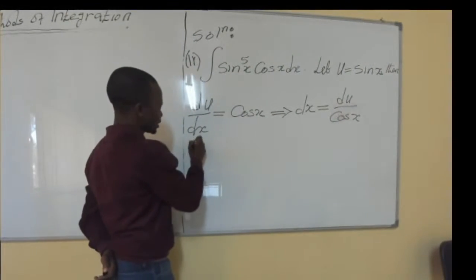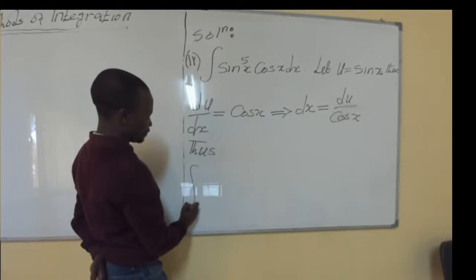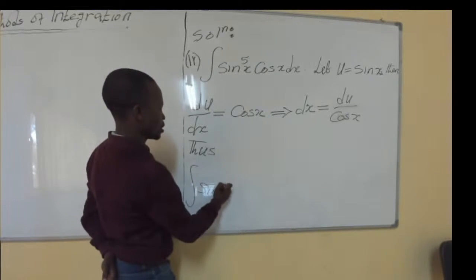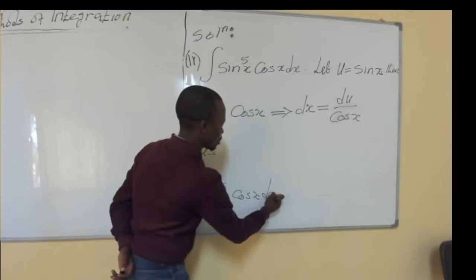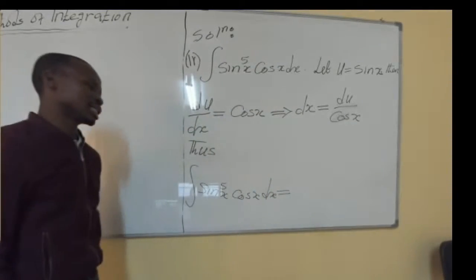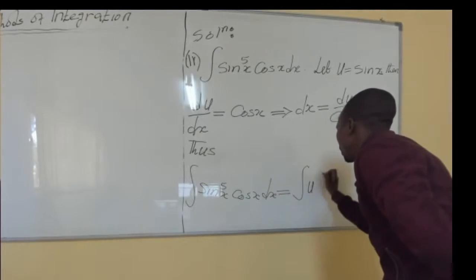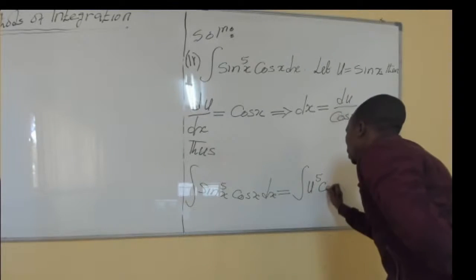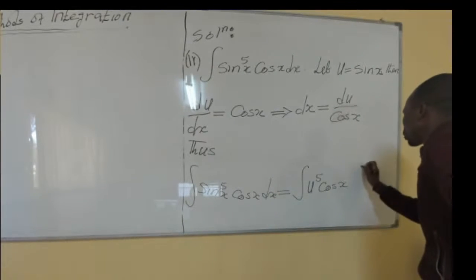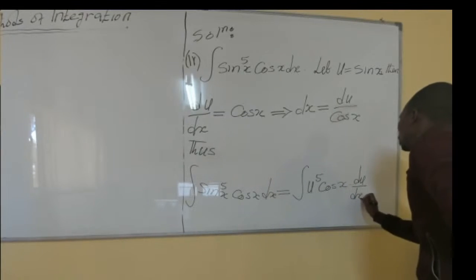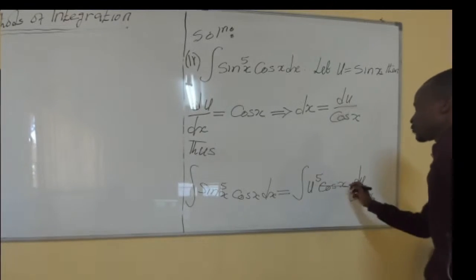Thus, the integral of sine x power 5 times the cosine of x with respect to x is the same as this: where there is sine x, we substitute u power 5 times the cosine of x, and where there is dx, we substitute du over the cosine of x, of which the cosine of x and the cosine of x will cancel.